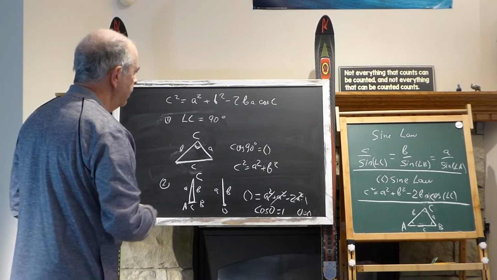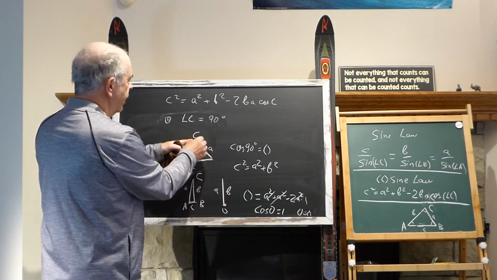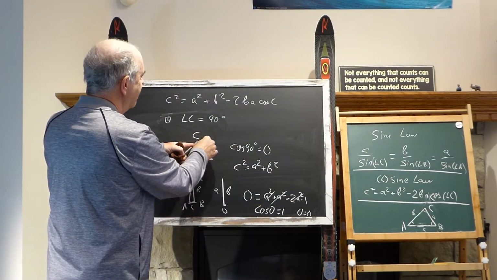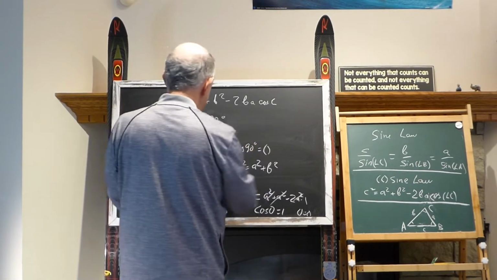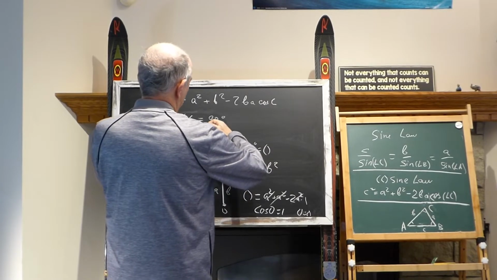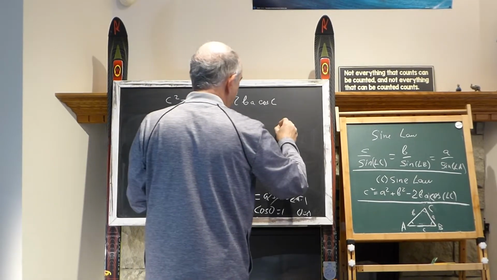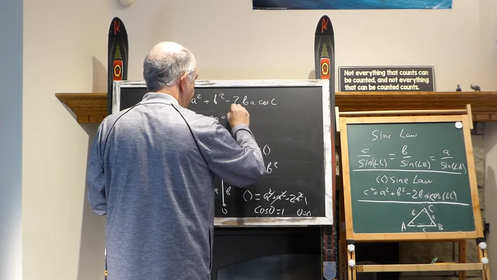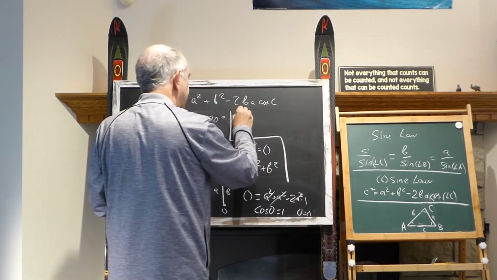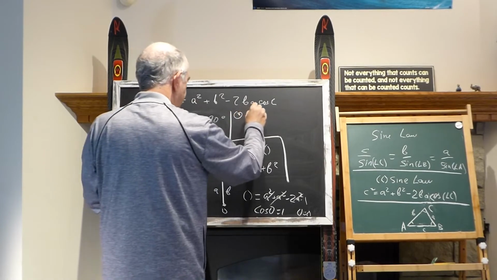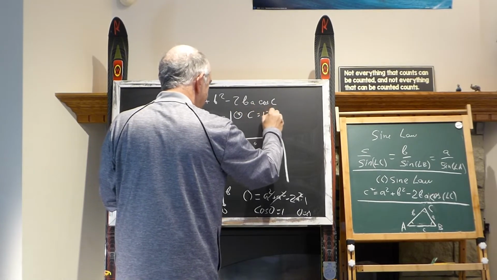And let me draw here a situation when we increase C. Increase, increase, increase, so it becomes more and more. It becomes 100 degrees, so I write here C equals 100 degrees.